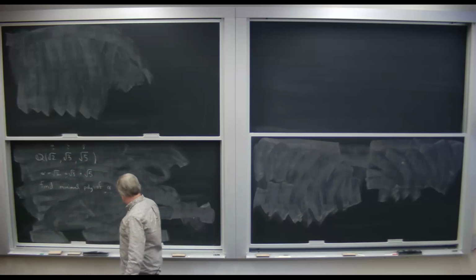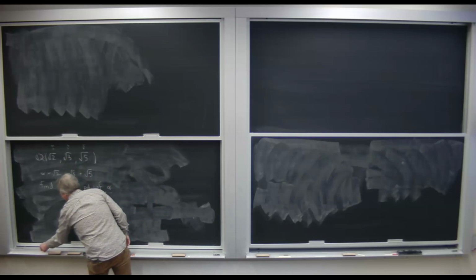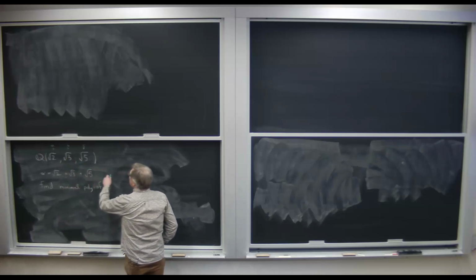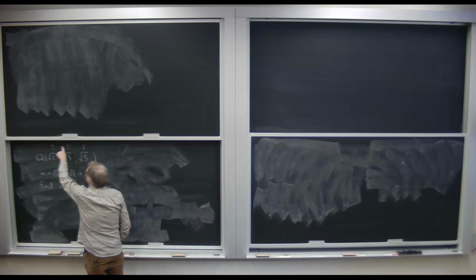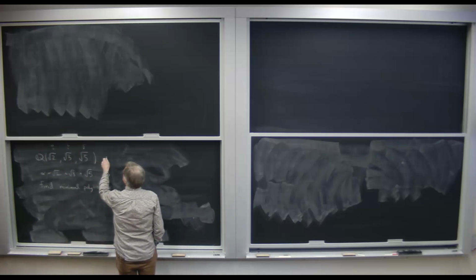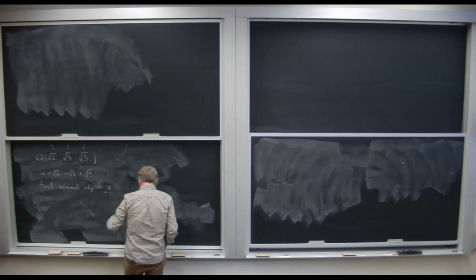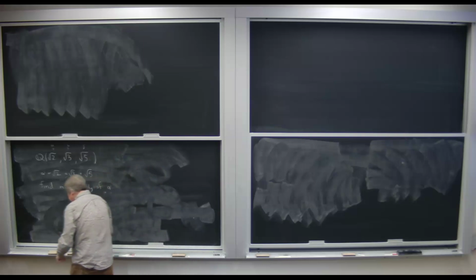So, as a slight hint here, the way I would think of it is, if I call these things A, B, and C, I can really think of this as Q adjoin here. That's not going to work, is it?